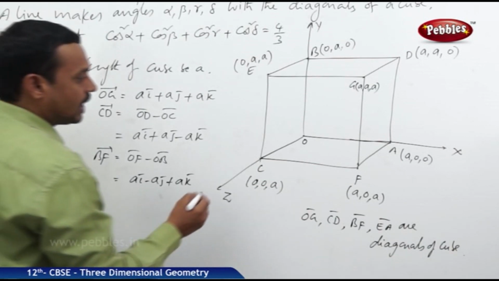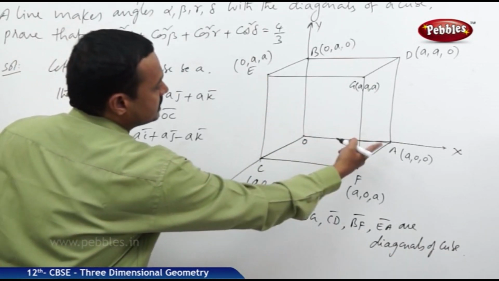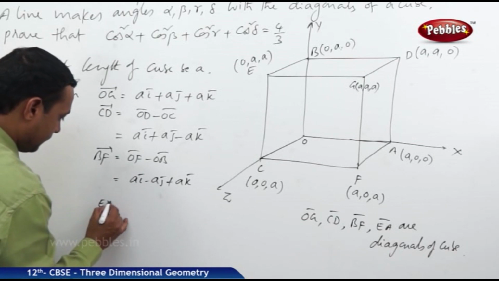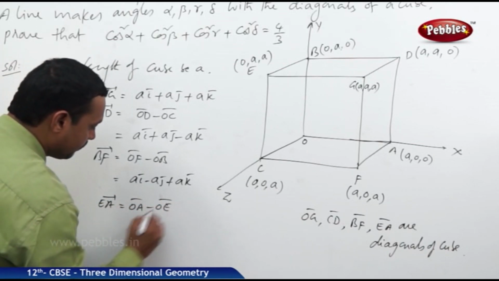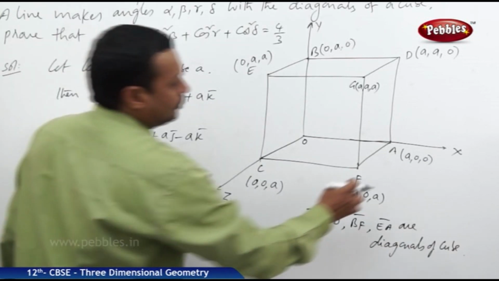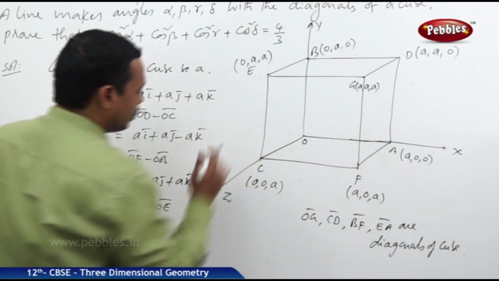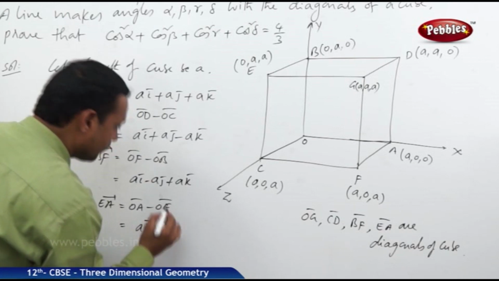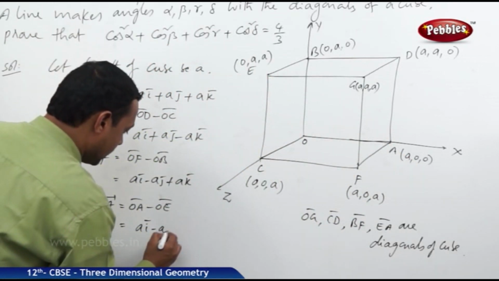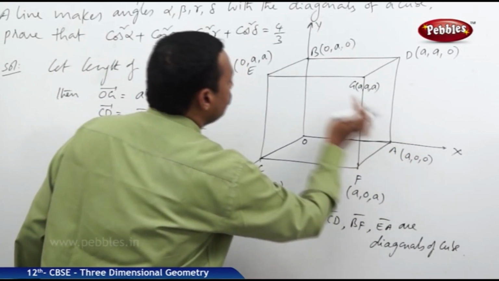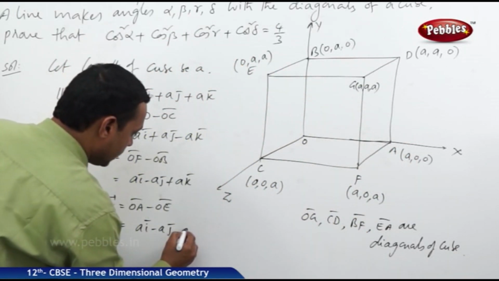Next, one more diagonal, that is EA. EA is equal to OA minus OE: A minus 0, AI, 0 minus A, minus AJ, 0 minus A, minus AK.